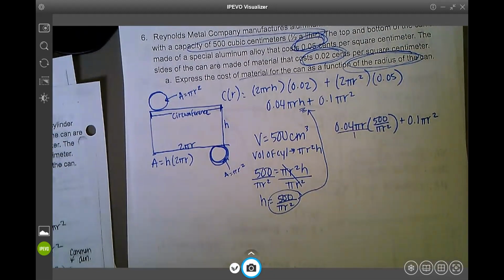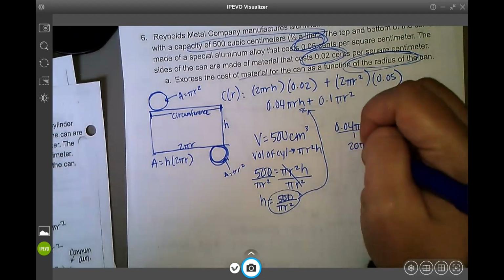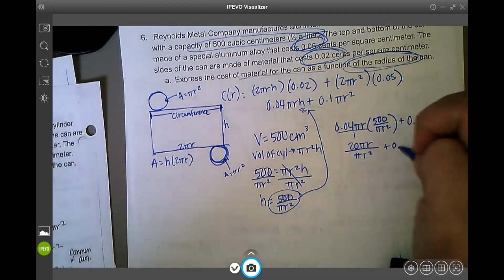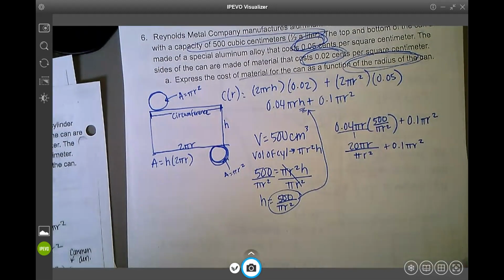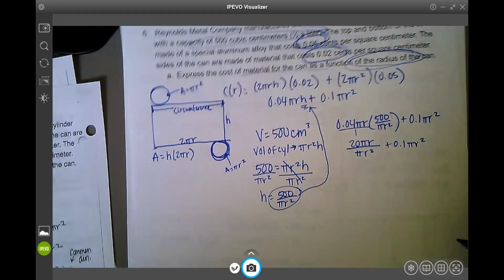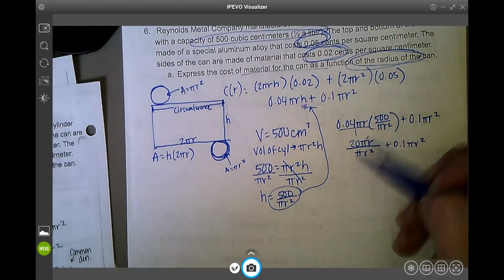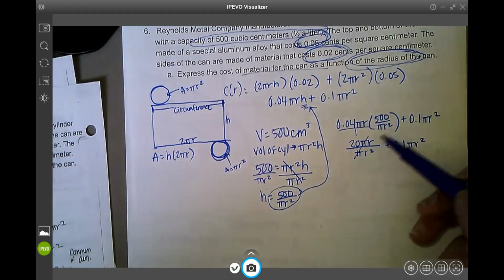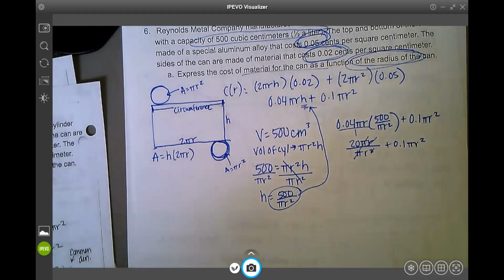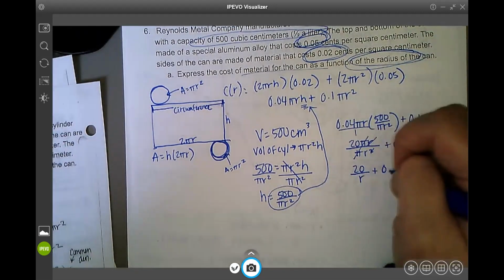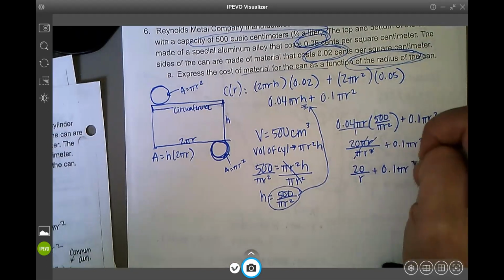So I have 0.04 times 500, which is 20 pi r on top, over pi r squared on the bottom. And then I'm just simplifying this fraction. My pi's cancel. r divided by r squared is just 1 over r. So I have a 1 r left on the denominator. So I have 20 over r plus 0.1 pi r squared.